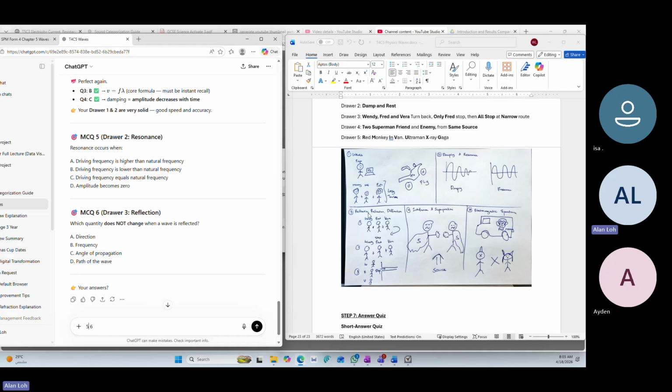You remember this story? Drawer number 3, Wendy, Fred, and Vera. This is talking about reflection. I have my answer. I'll wait for yours.